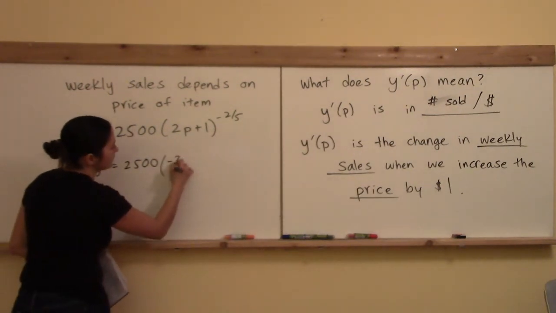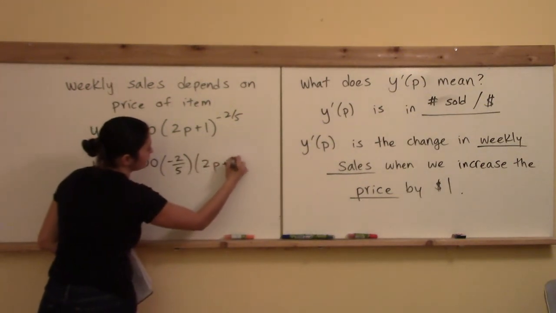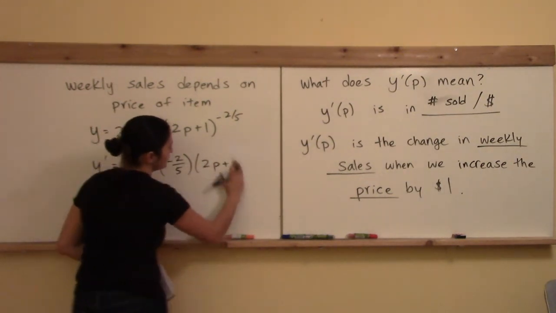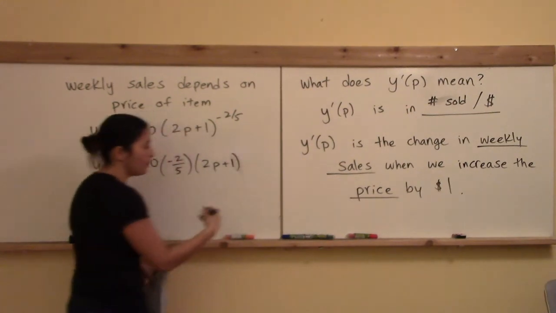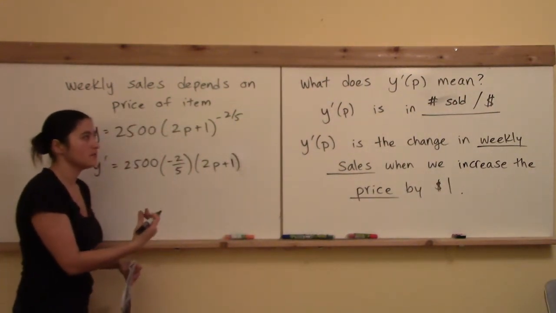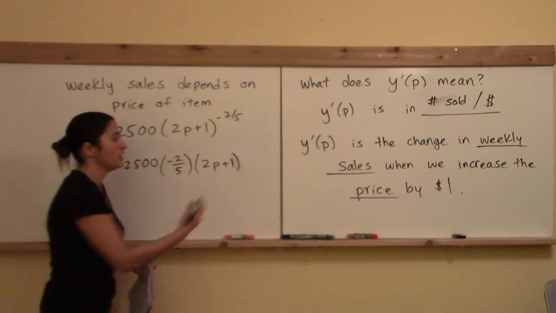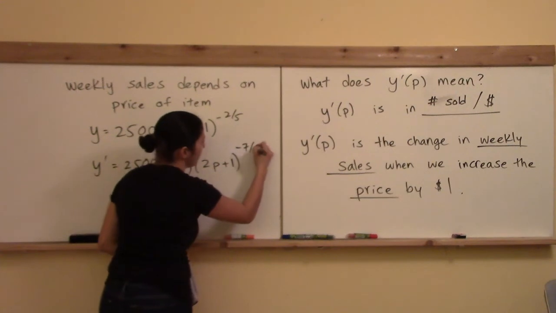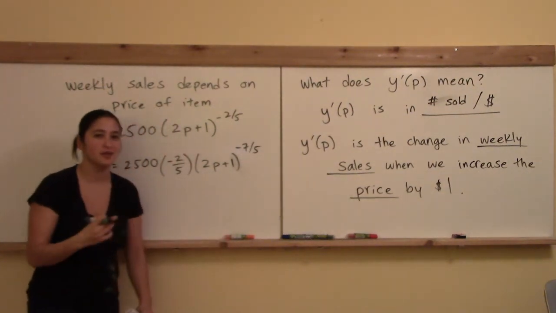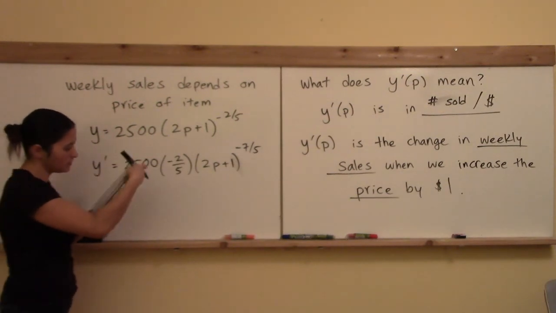The power gets taken down, and then we leave that stuff alone right in there. So 2p plus 1. And what power did it get raised to when we did negative 2/5 minus another one? What did you get? Negative 7 over 5. Yes, be careful with that negative number taking away another one. So this is the actual statement of the derivative.